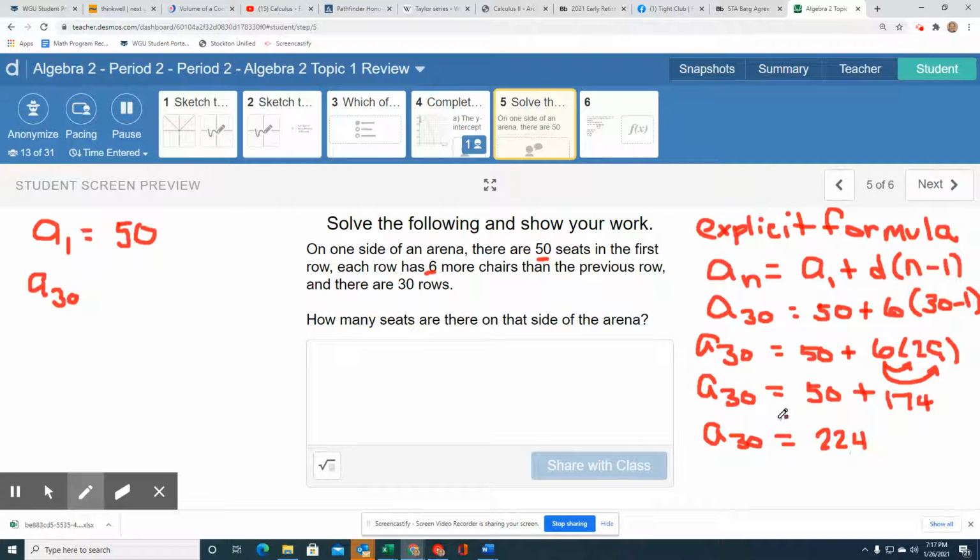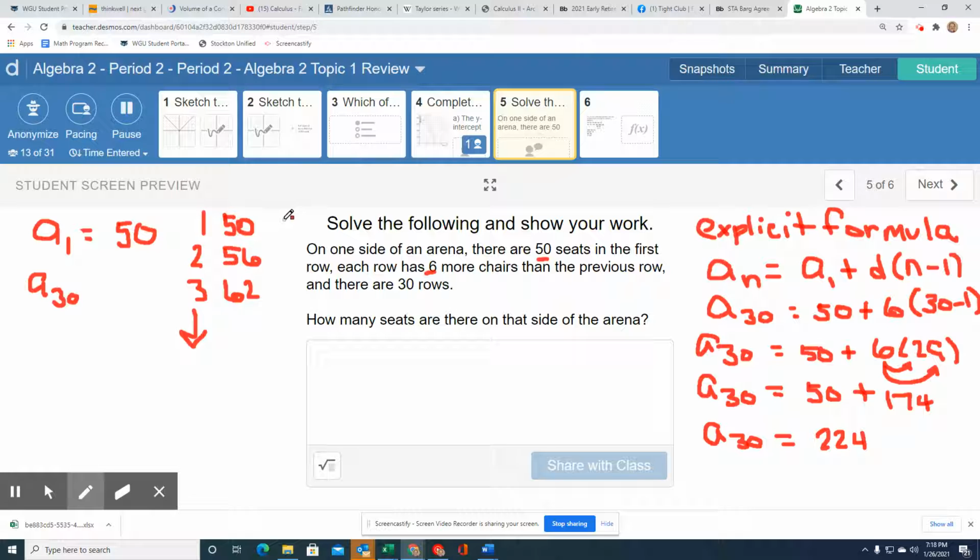Okay? Well, that is an important piece of information. However, that's not the answer to this question. They need to know how many total seats, not just how many seats are in the last row. So, as I showed you on the spreadsheet today, if I go row 1, row 2, row 3, and go down, and I tell you how many seats there are in it, we can add all those numbers up.